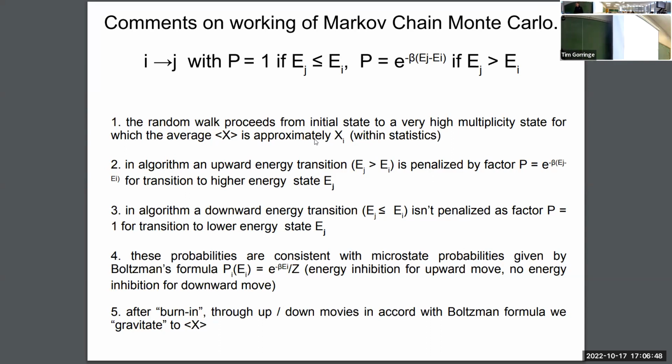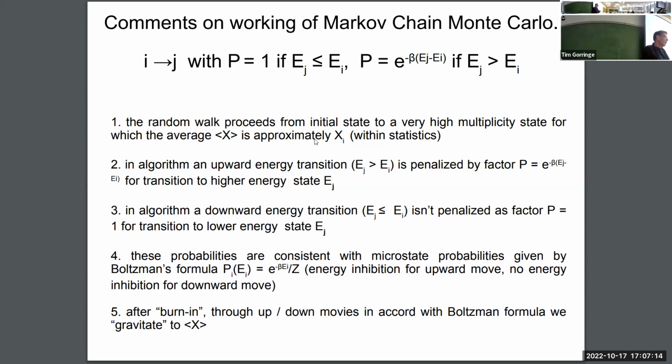So that helps us. As I say, if we go up in energy, we penalize that transition based on this sort of Boltzmann cost of the probability of going to higher energies. So in that way, we're using the Boltzmann distribution in tailoring our random walk.